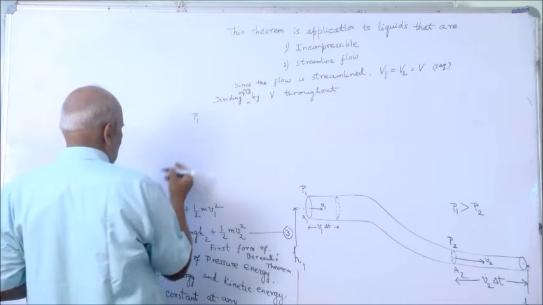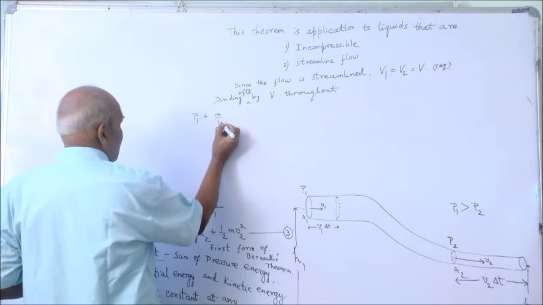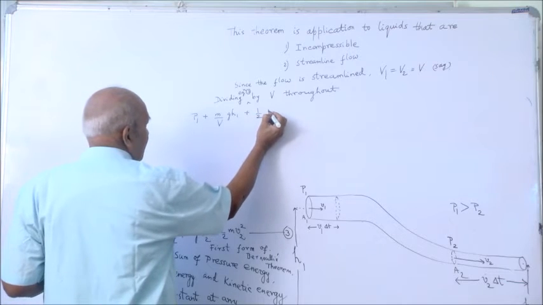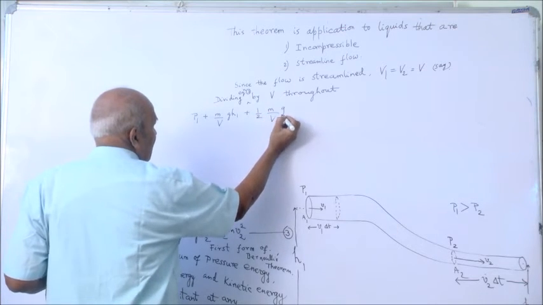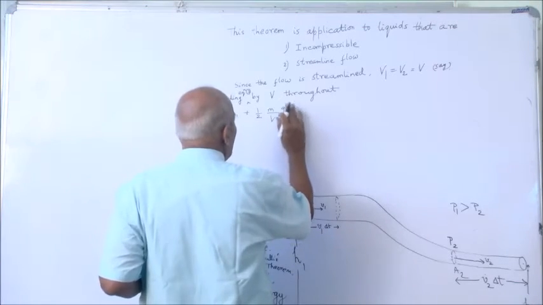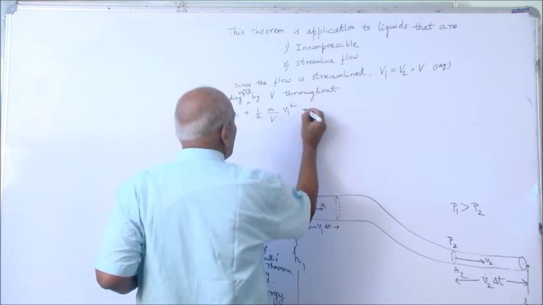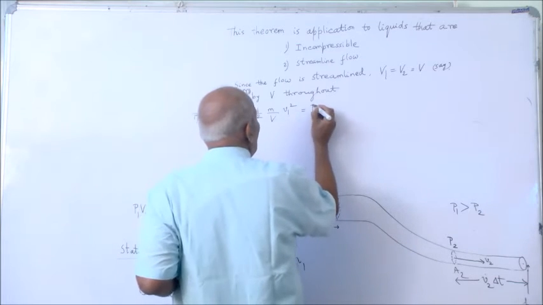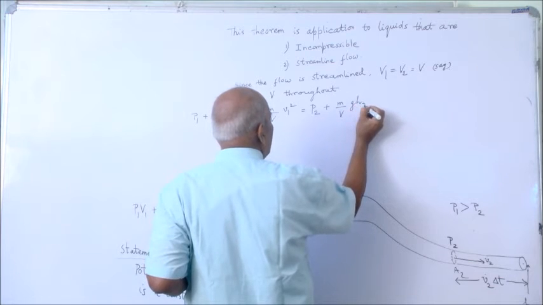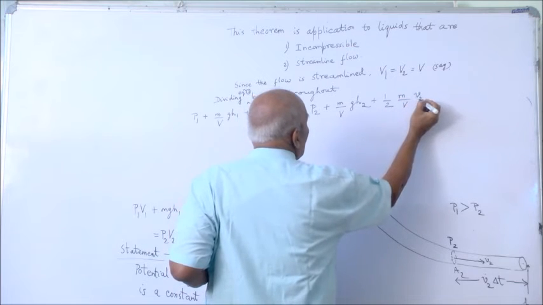So, what you get is P1, then M by V g h1 plus half M by V v1 square is equal to P2 plus M by V g h2 plus half M by V v2 square.